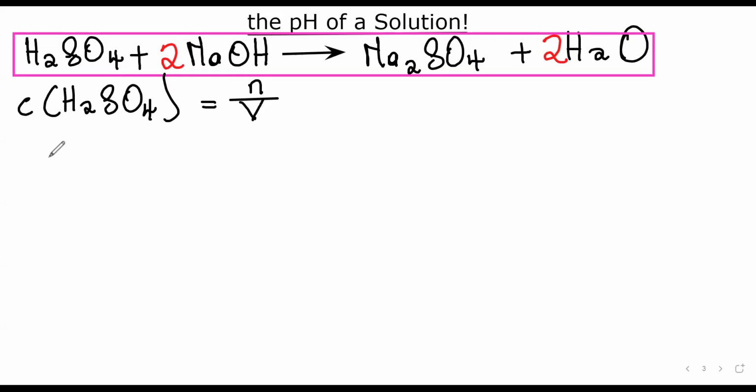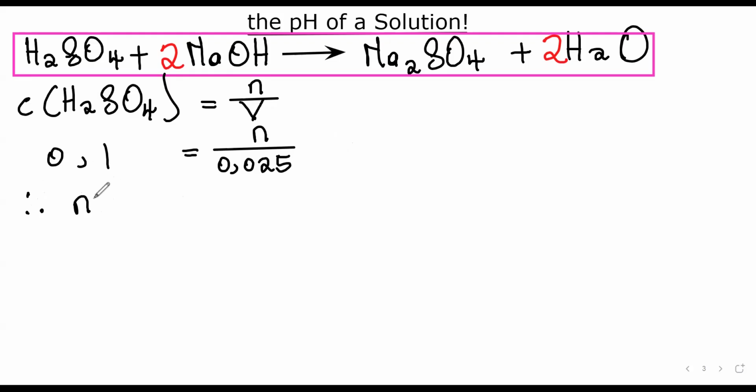Well, we know that the concentration is 0.1. We are looking for the number of moles. The volume of the acid is given to us as 25 cubic centimeters. That's a red flag, so we need to convert this to cubic decimeters by dividing by 1,000, in which case we get 0.025.